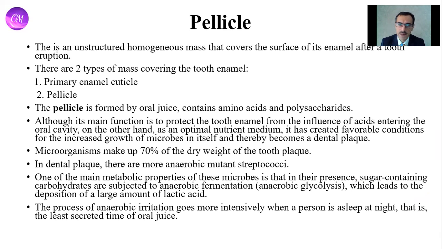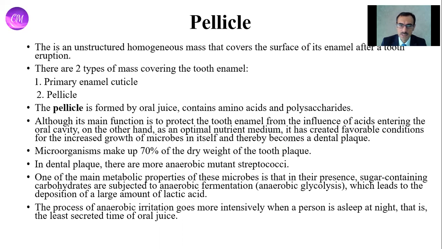Although its main function is to protect the tooth enamel from the influence of acids entering the oral cavity, on the other hand, as an optimal nutrient medium, it creates favorable conditions for the increased growth of microbes in itself and thereby becomes a dental plaque.